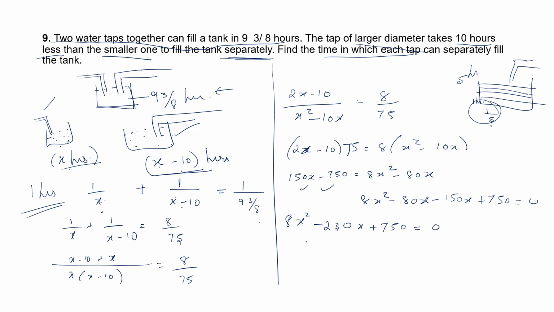Okay, after this, you can use any method. I have done factorization. So I'm getting factors of 25 and 15.